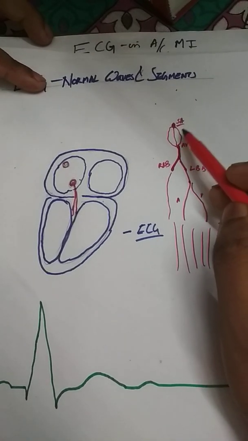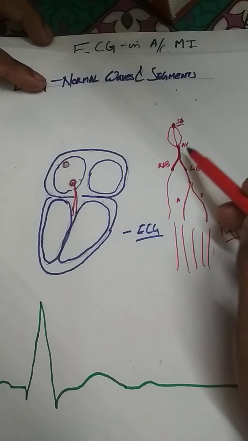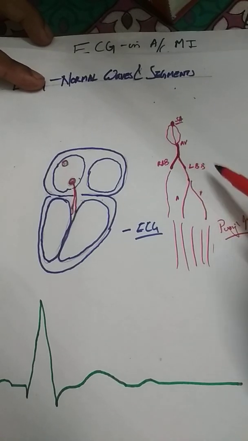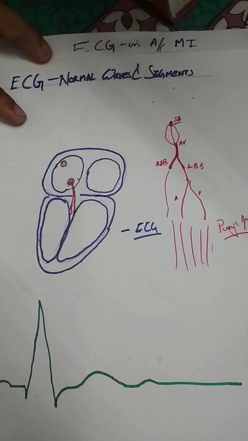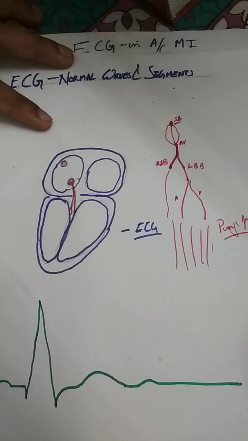So: SA node, three internodal atrial pathways, AV node, bundle of His, right and left bundle branches, the anterior and posterior fascicles of the left bundle branch, then the Purkinje fibers. This is the normal conducting pathway.